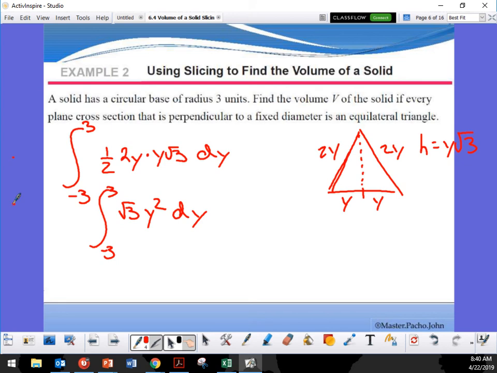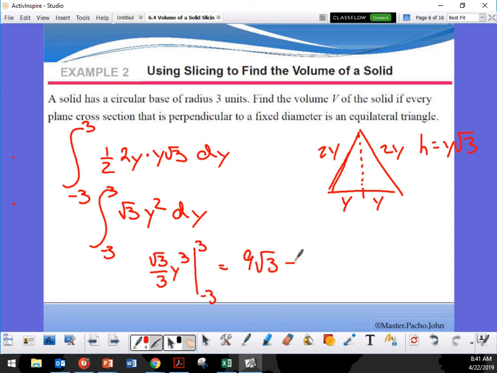All right, let's go ahead and do the math. It's going to be rad 3 over 3 y cubed from negative 3 to 3. I'm hoping you guys can notice the issue we're going to have here in a second. Let's go ahead and put these in. 27 divided by 3 is 9 rad 3.